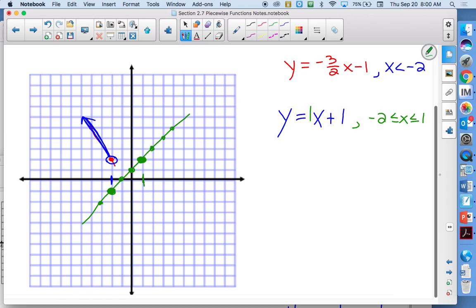Which piece of the line are we using? Negative 2 is less than or equal to x, which is less than or equal to 1. Julian, what piece? The piece in between the two. Yeah, when you have two numbers, you use the piece that's in between those two numbers. The rest of it is gone.